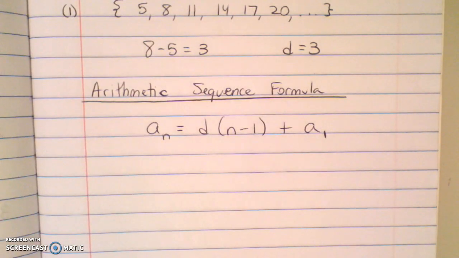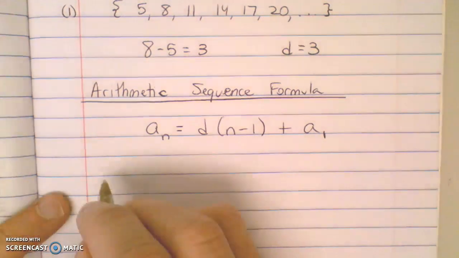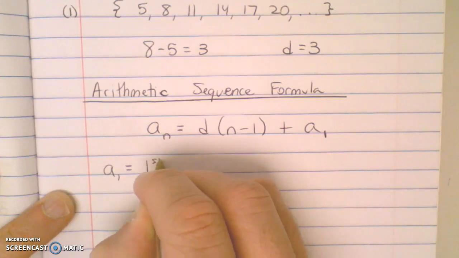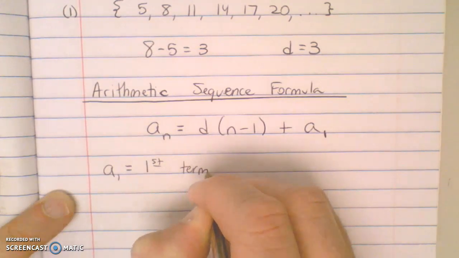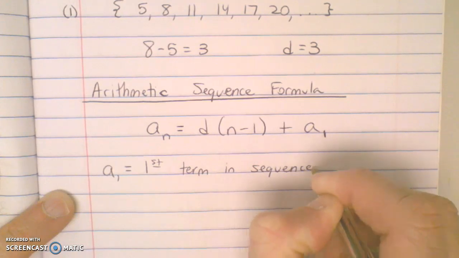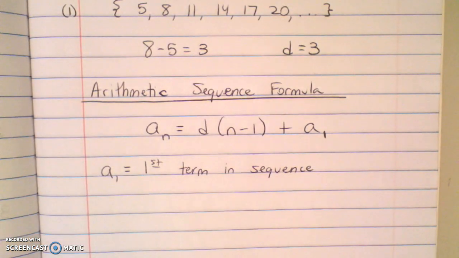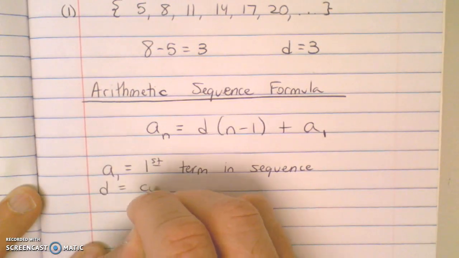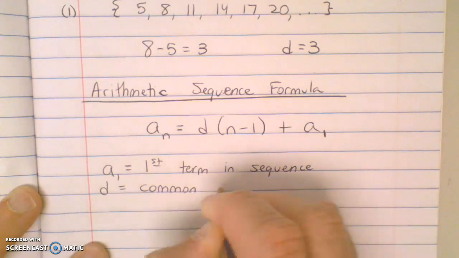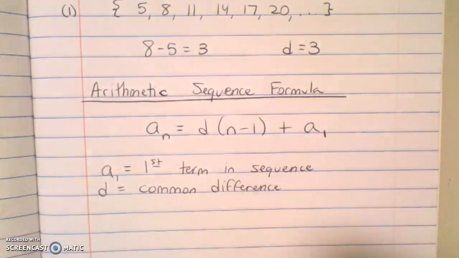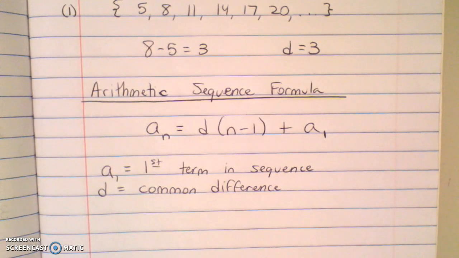So let's talk about what those different things mean. So a sub 1 is the very first term in your sequence. D is the common difference. That's what the number is changing by, or the sequence is increasing by or decreasing by.